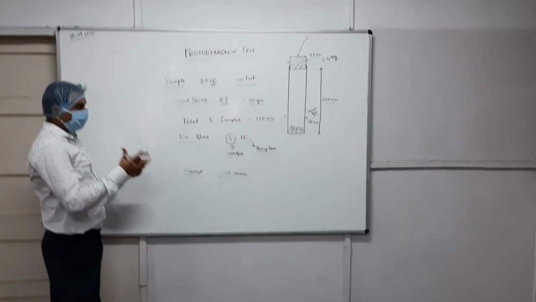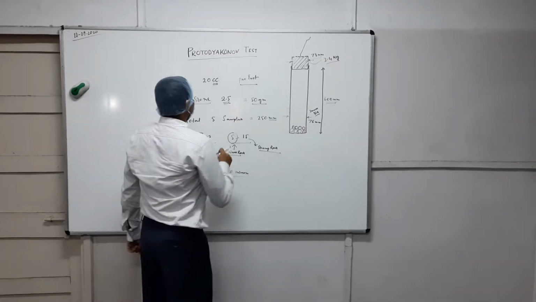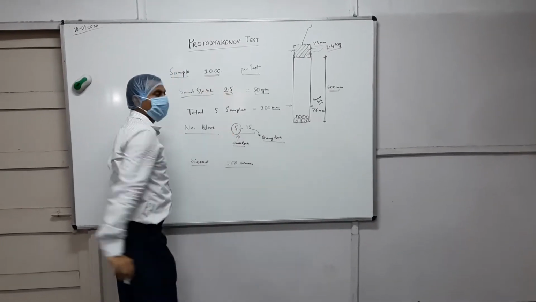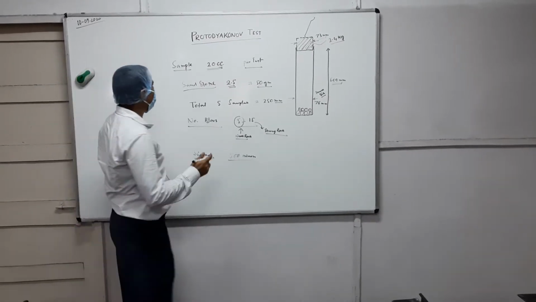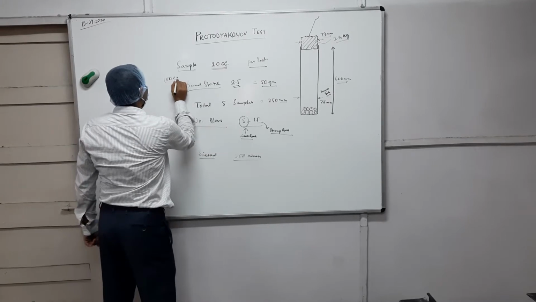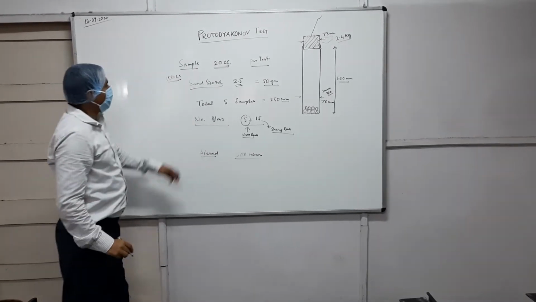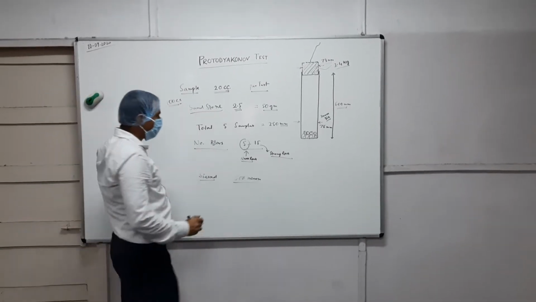Now, how much sample will we take? The standard specifies that 20 cc of sample should be taken per test, total 100 cc. For today's test, we are going to take sandstone with a specific gravity of 2.5.